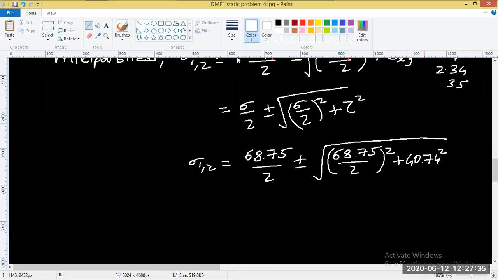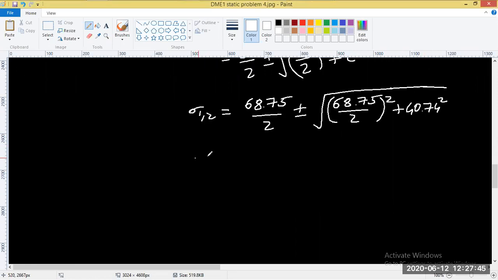So with this, we will get our principal stresses, minimum and maximum principal stresses both. Just substitute this in the calculator, and you will find both the values. You get maximum stress from this, sigma 1 most of the time it will be maximum, and this is the minimum principal stress.